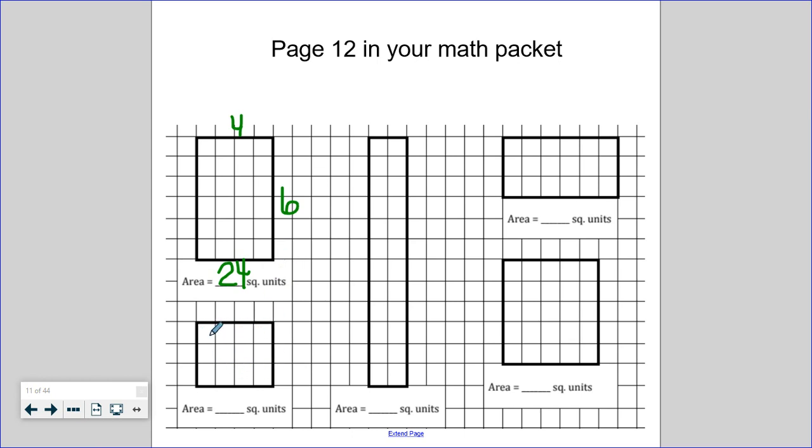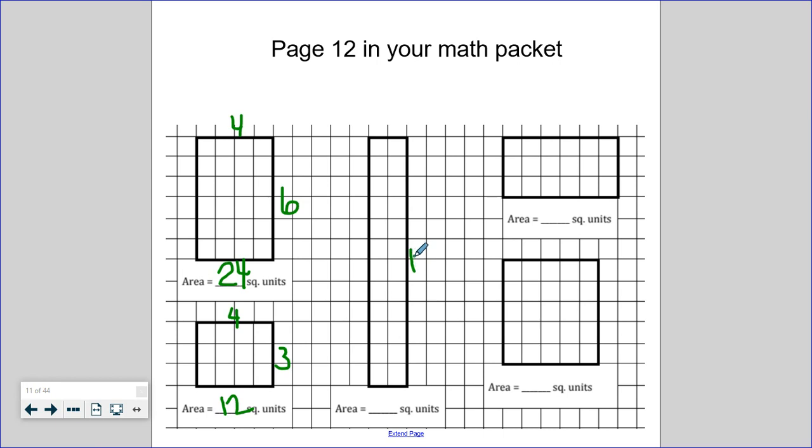All right, let's try this one. All right, the length up here, 1, 2, 3, 4 is 4. And the width is 1, 2, 3. How do I find the area? Length times width. So 4 times 3, 12 square units. Excellent. Okay, oh, this is a long length. I'm going to count carefully to make sure I don't make a mistake. 1, 2, 3, 4, 5, 6, 7, 8, 9, 10, 11, 12.